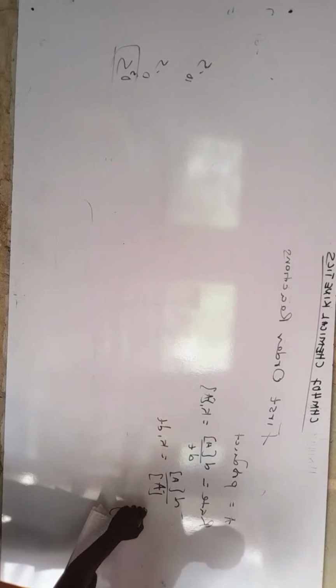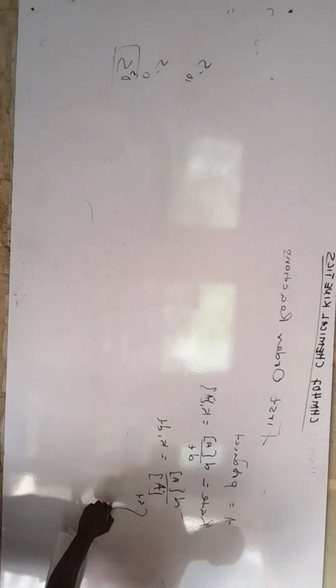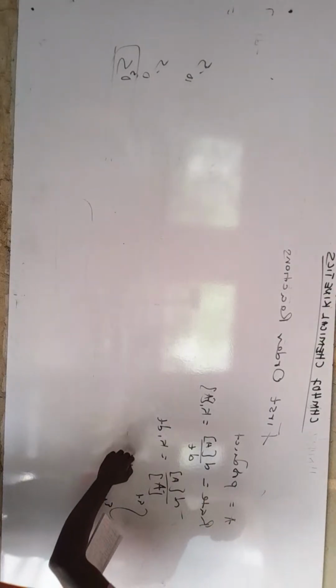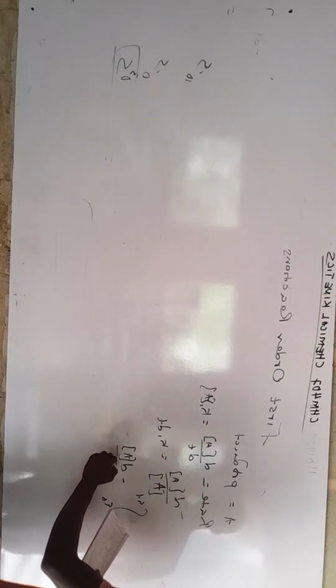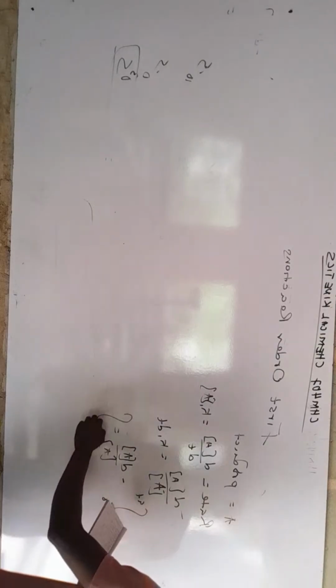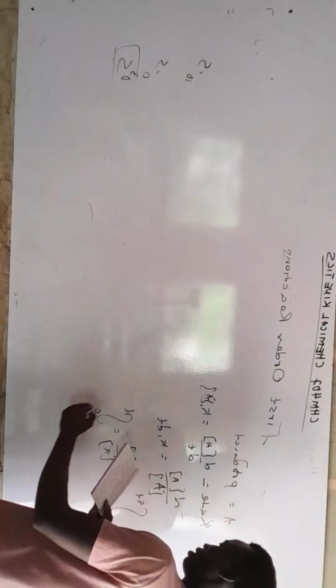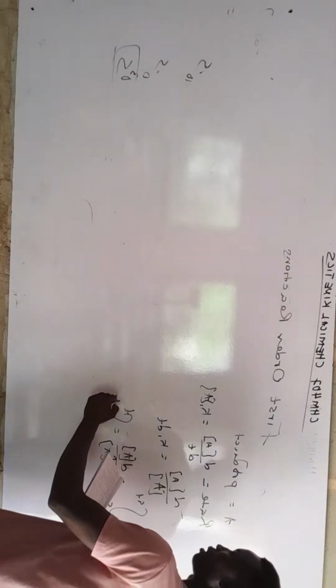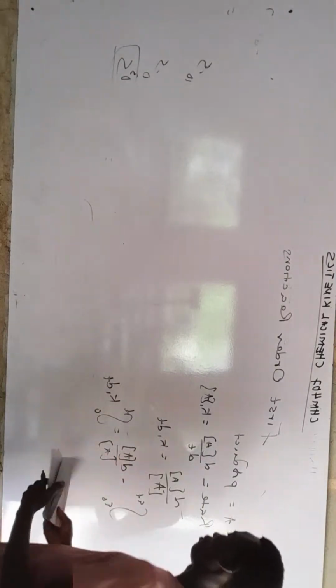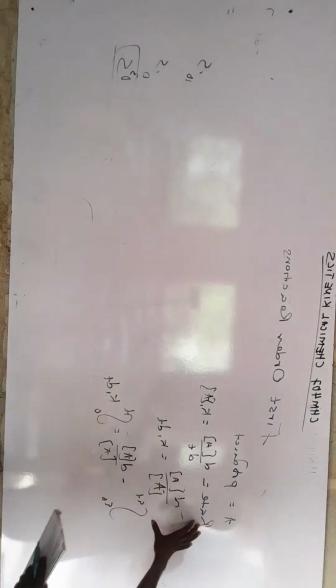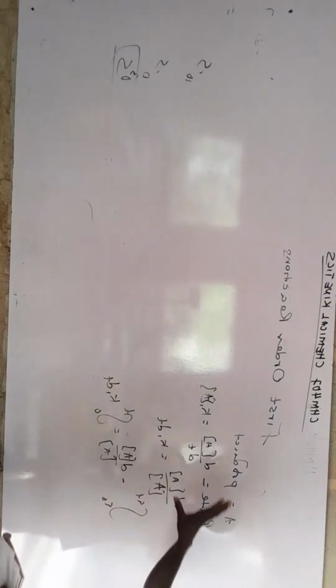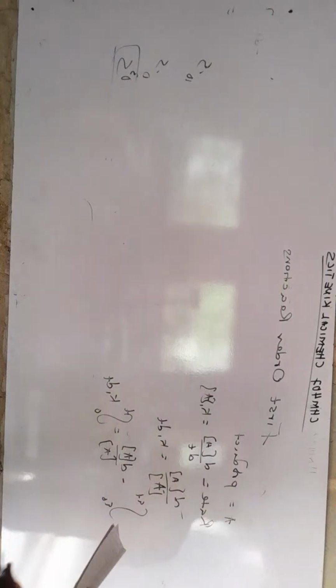Then if you differentiate, we have A0 minus A, close bracket, equals to K dt. We have differentiated this. We have integrated this one that we have here.